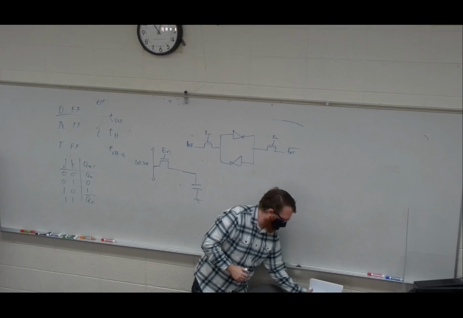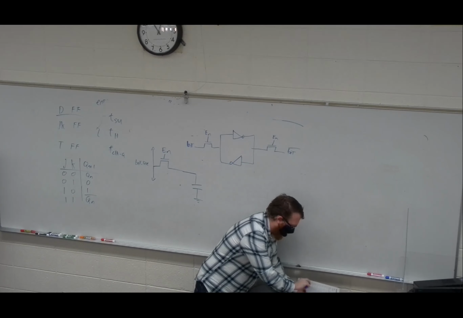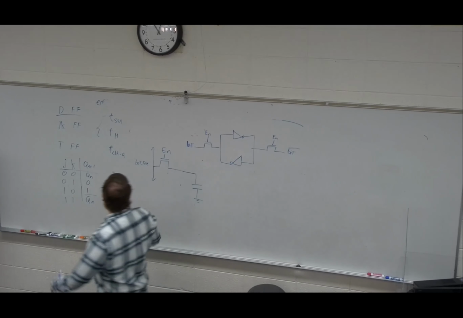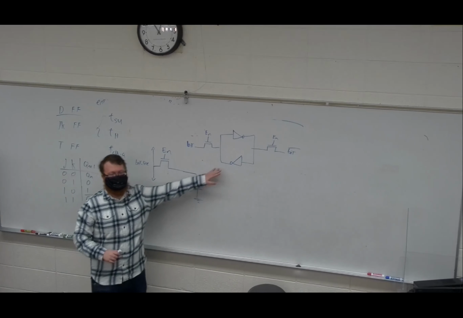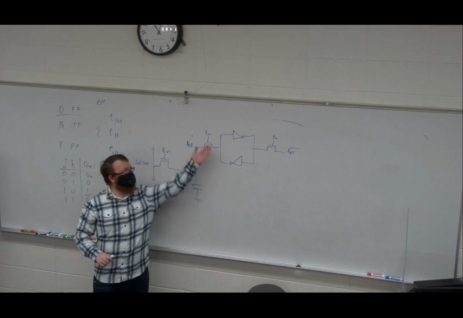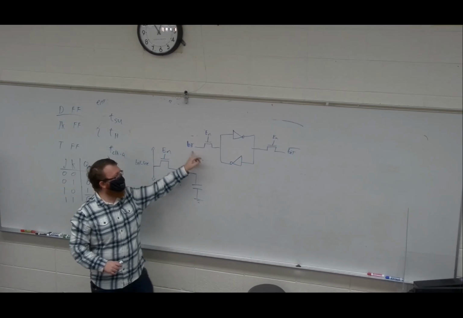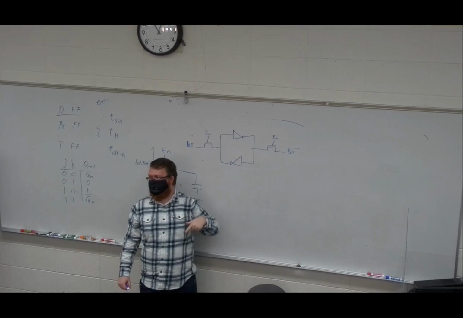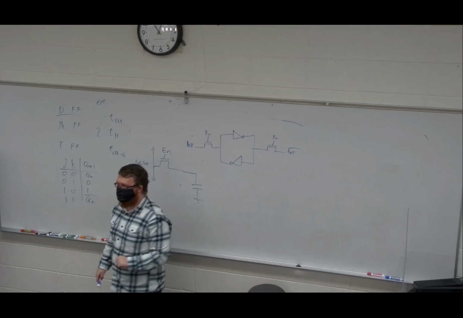I feel like I forgot something. No, that's fine. Okay, so here we're using two inverters. We turn on the enable, and it allows bit and bit bar to read in or read out from that.